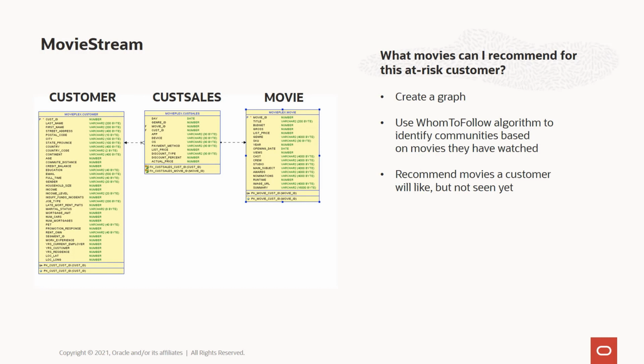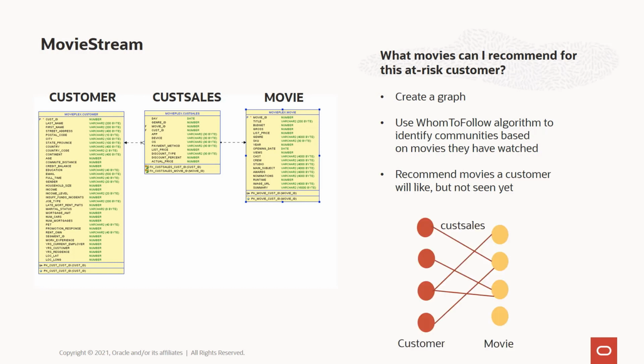And then you will use the whom to follow algorithm, one of the over 60 pre-built algorithms that are available. And you use that for a particular customer who has been identified as a potential churner. And for that customer, you identify the community that they belong to based on other customers who have similar movie watching habits. And then based on this other community, you make a recommendation for this customer that the customer will probably like but has not seen yet. So it's a simple bipartite graph with customers, movies, and customer sales representing the edges.